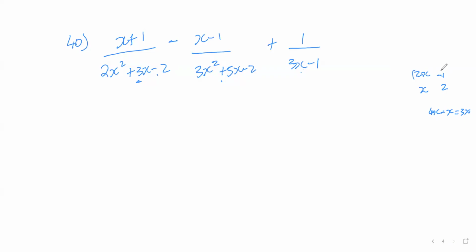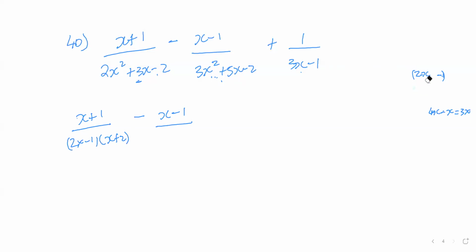So these are my factors for the first one: (x + 1)/((2x − 1)(x + 2)) minus (x − 1) over.